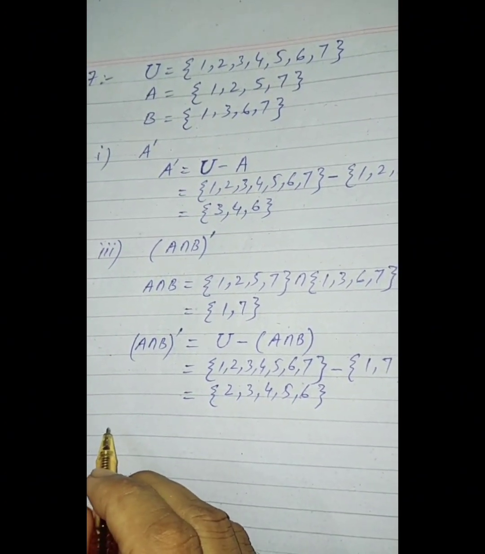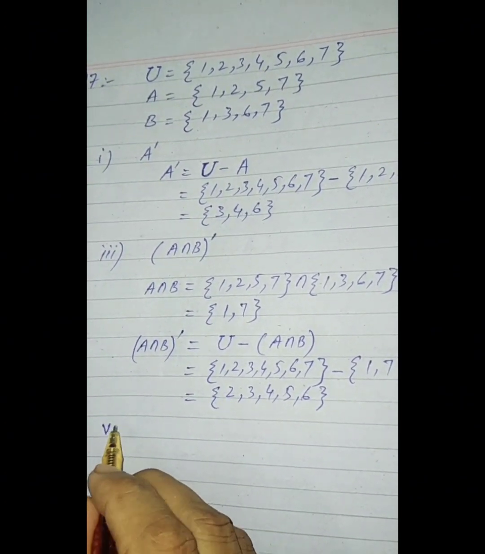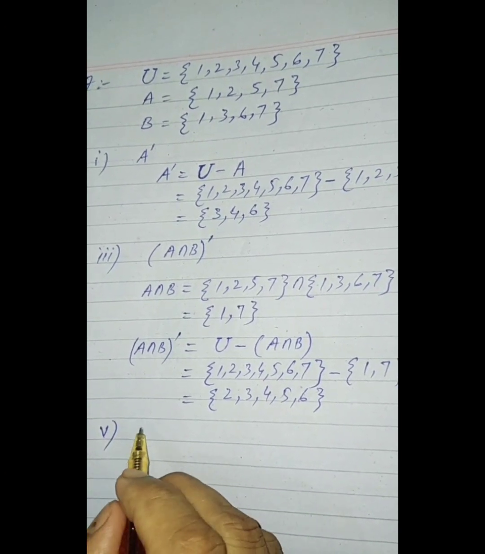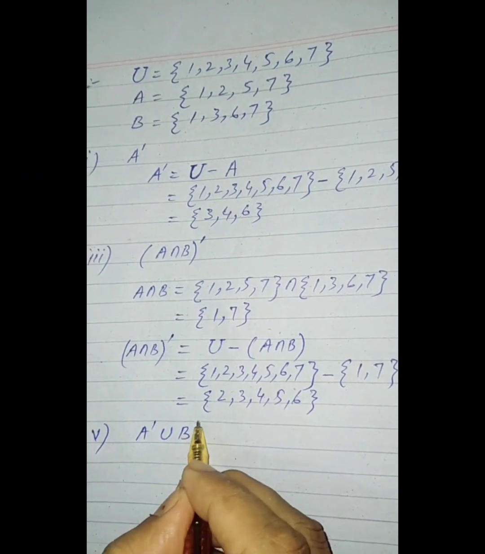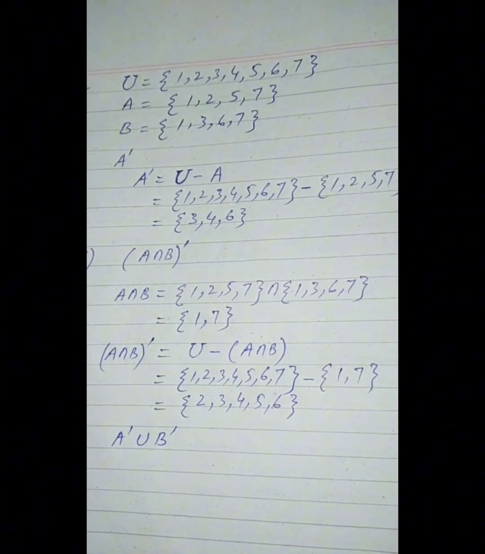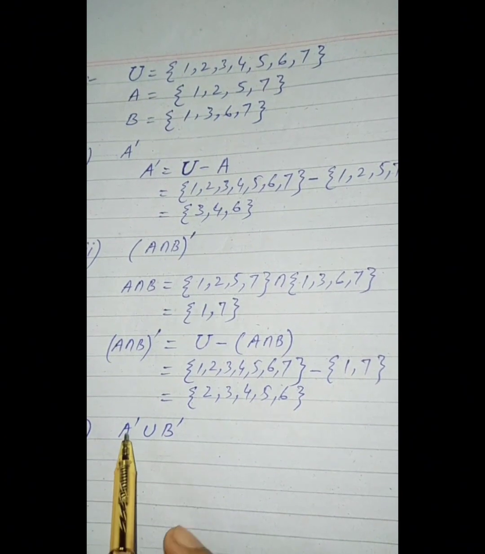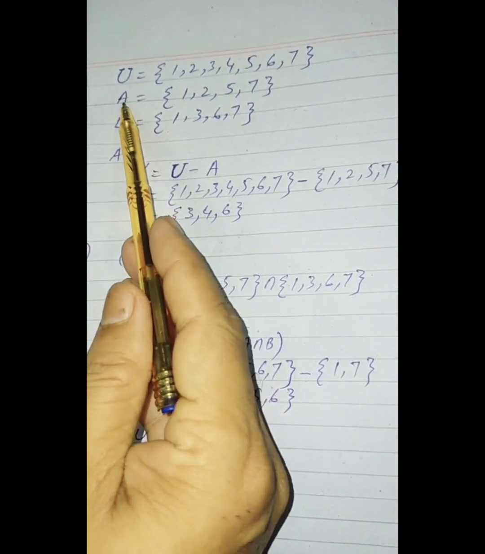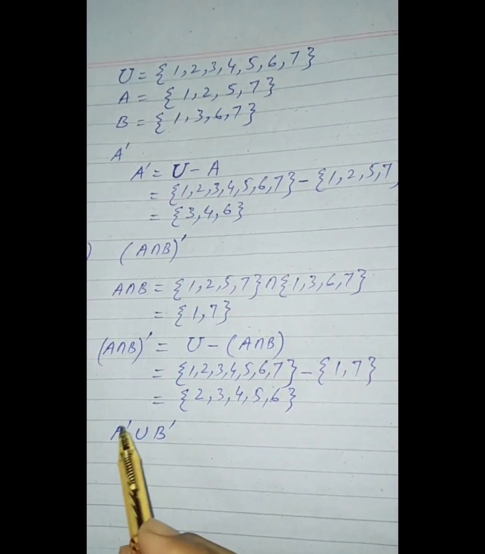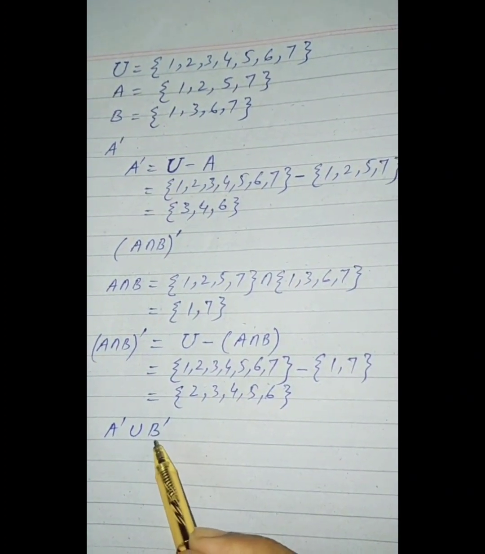Now consider part 5. In part 5 we have A complement union B complement. Now this time we need A complement and B complement first, because the sets A and B are given, but A complement and B complement are not given to us.